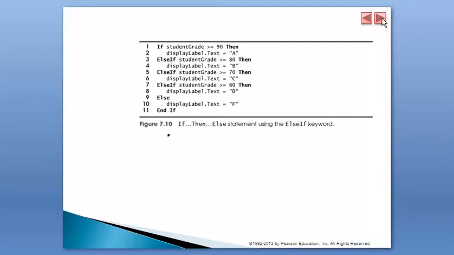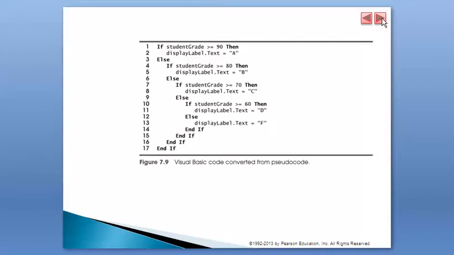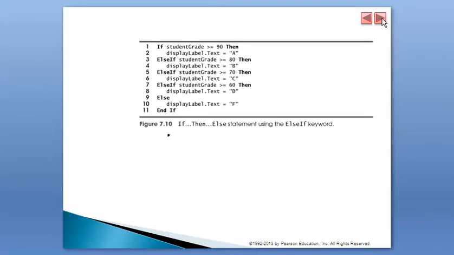For example, from 4 to 16, that is the definition of another if statement. So here we're just defining one single if statement that begins on number 1 and ends on number 11.